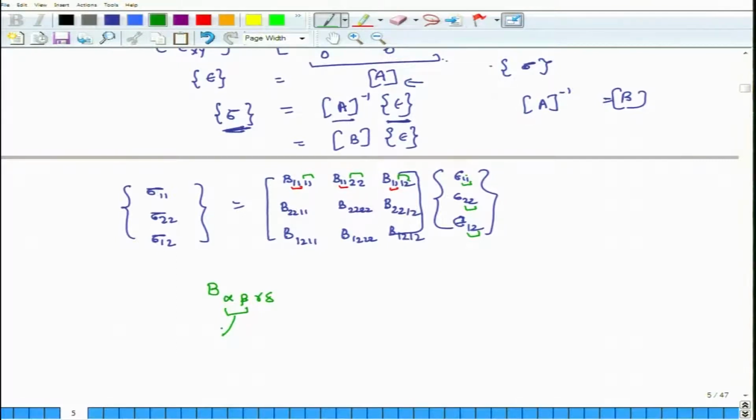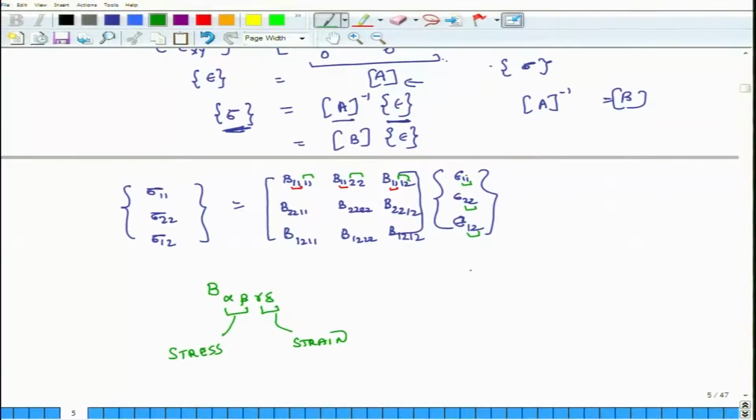The first two terms connect this B matrix to the stress, and the second two indices connect to the strain tensor. And alpha, beta, gamma, delta, for this they can assume two values, 1 and 2.